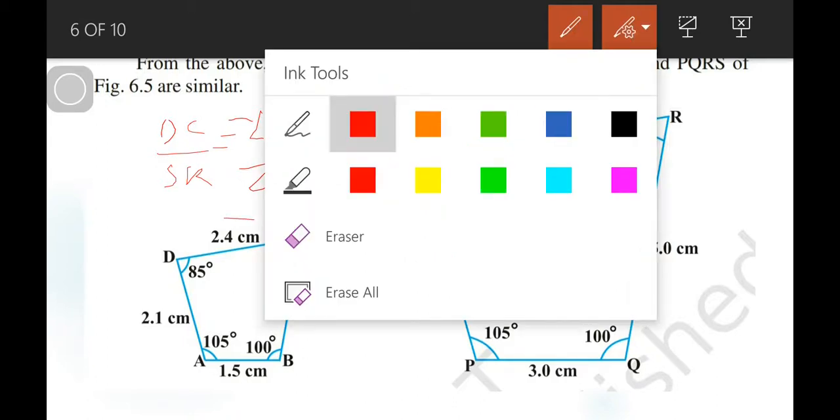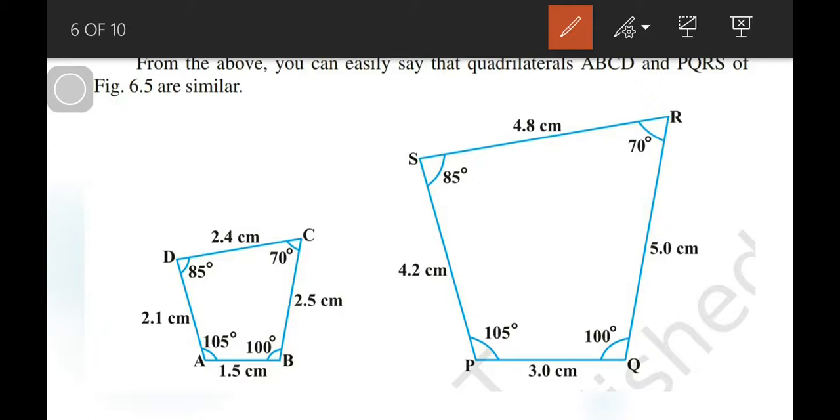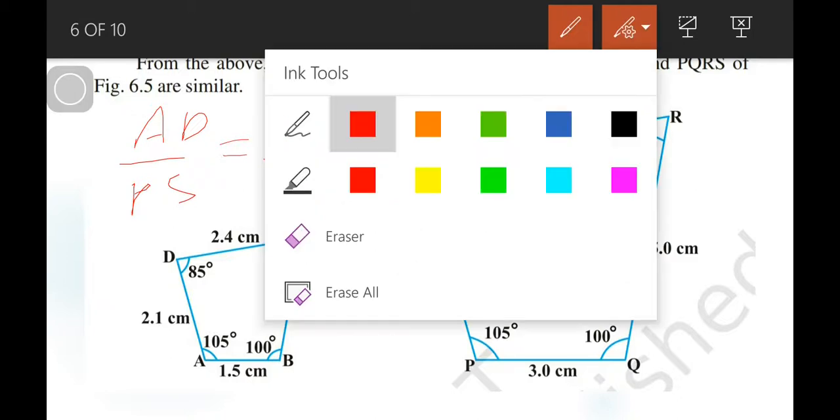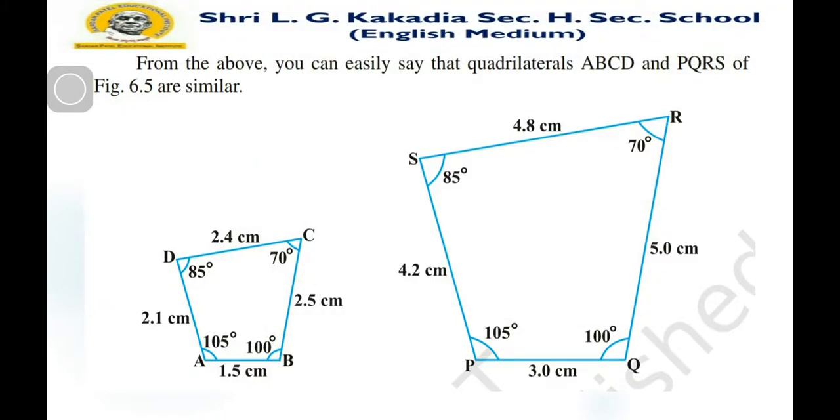Now the last corresponding, that is AD upon PS, which is equal to 2.1 over 4.2, which is also equal to 1 over 2. So here you can see that all the ratios are equal. So you can easily say that all corresponding angles are equal, and the corresponding sides are in the same ratio. So we can see that both the figures are similar to each other.